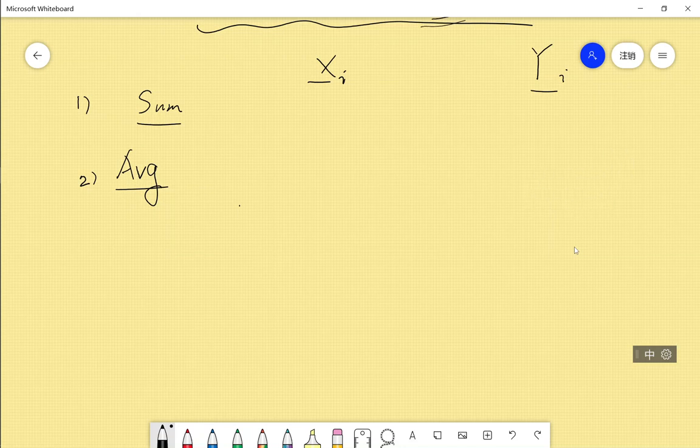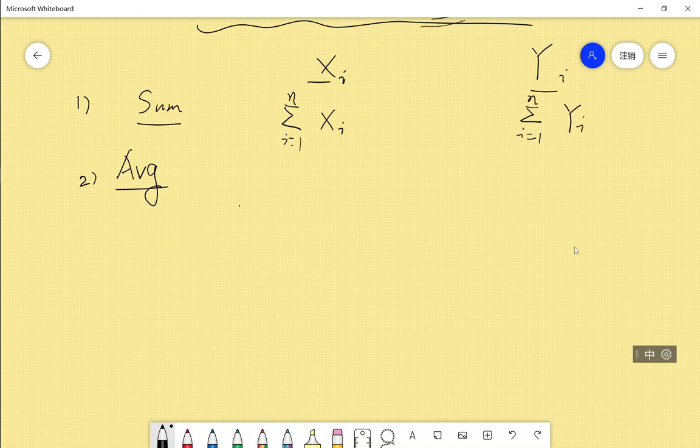Okay, so if you calculate the sum, this is the summation notation. i equals 1 all the way up to m. That is the summation of x, so x_i, that is the summation of it. And of course, we can also use this mathematical notation to add all y.